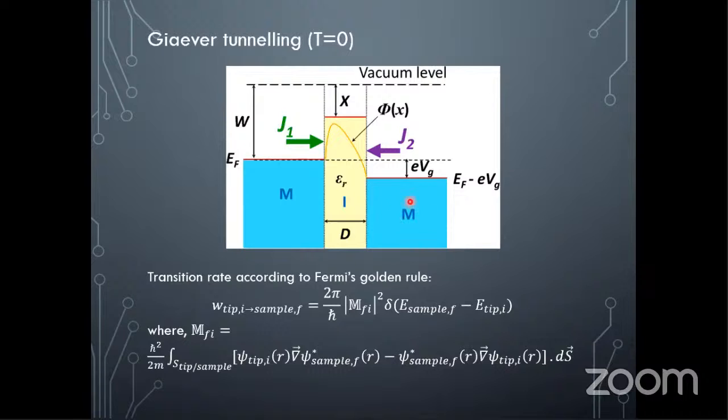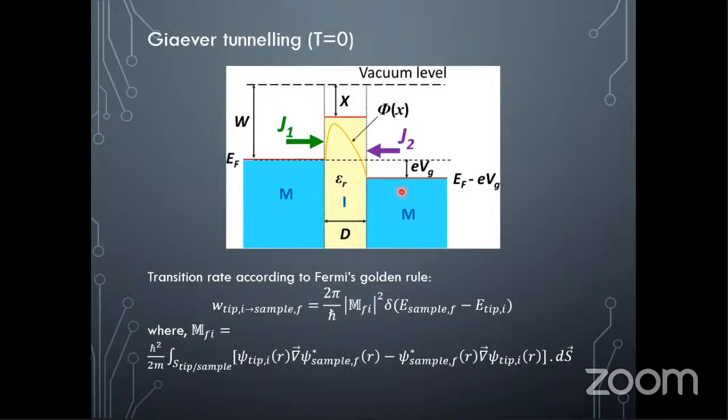And on the right hand side, we have the sample. The Fermi energy is somewhere here. And we have a barrier in between them, which is just vacuum, with a barrier length of about d.